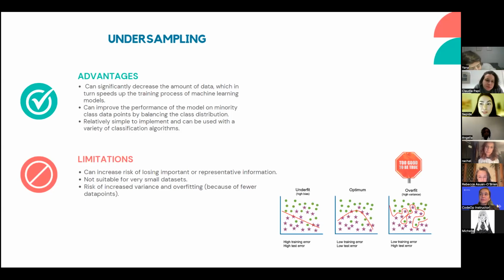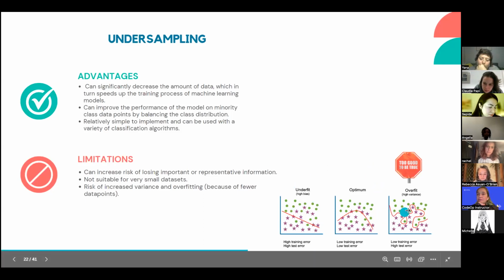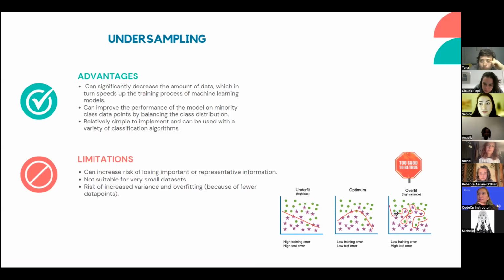So obviously it's not suitable for very small data sets, and it will also increase the risk of overfitting for the model. As you can see in overfitting here, the model is performing brilliantly on the training data set. It catches everything, but that's also a problem because the model cannot generalize well on unseen new data.